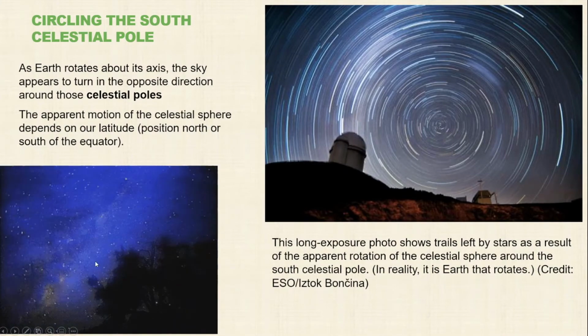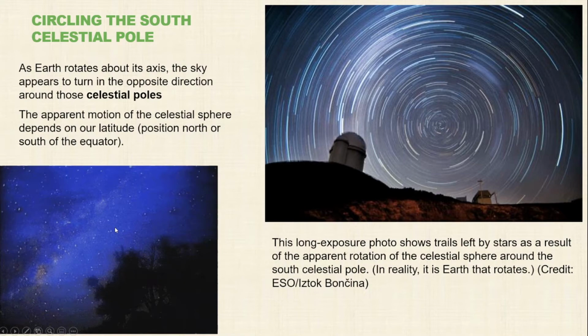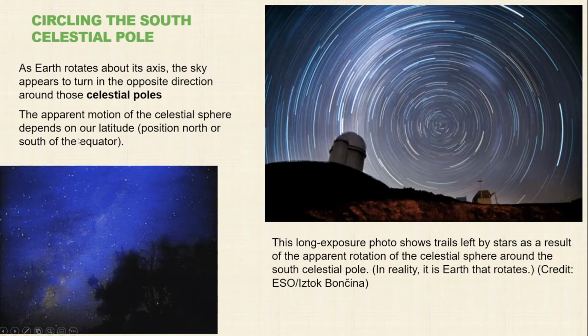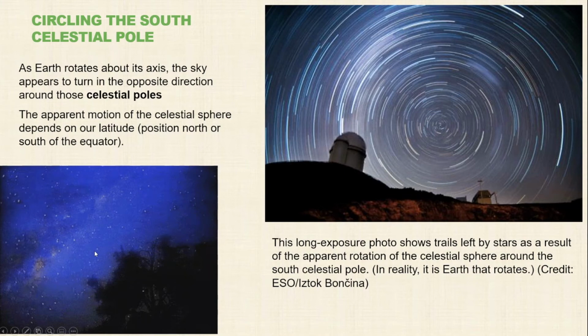The whole celestial sphere is rotating, and most importantly, here is another fact: the apparent motion of the celestial sphere depends on our latitude. So what that means is how these stars rotate.